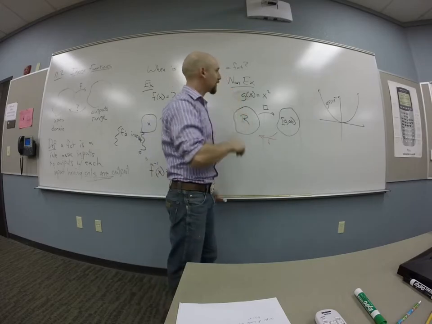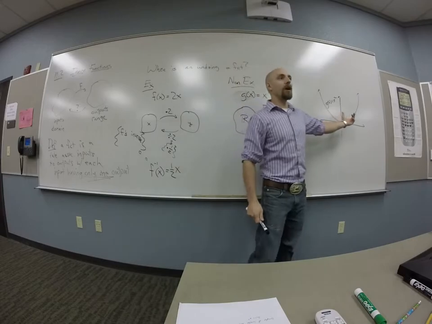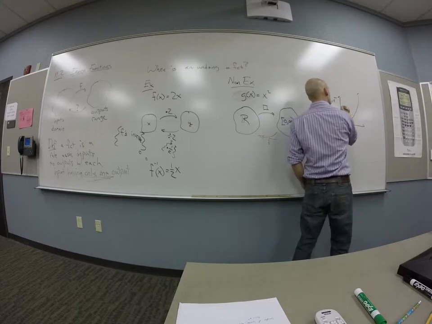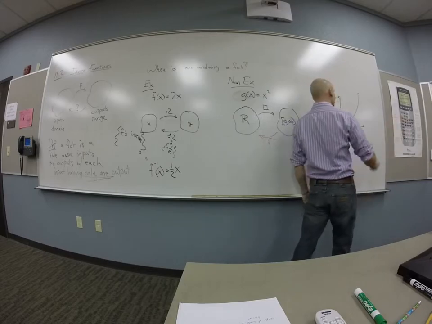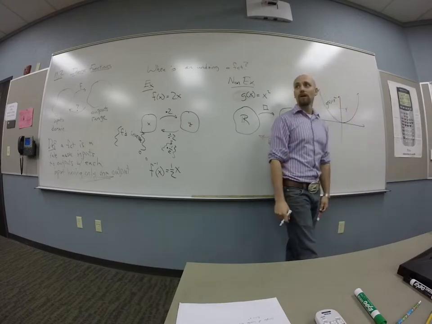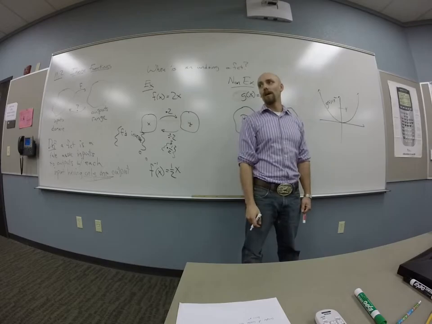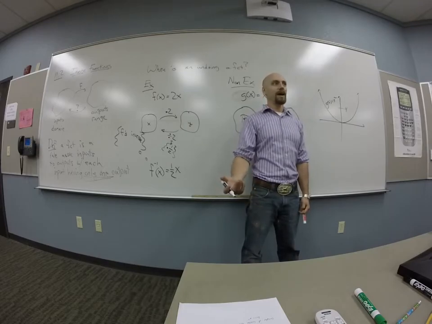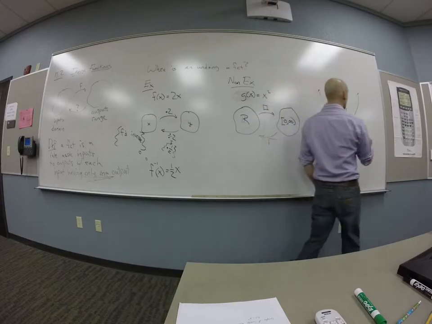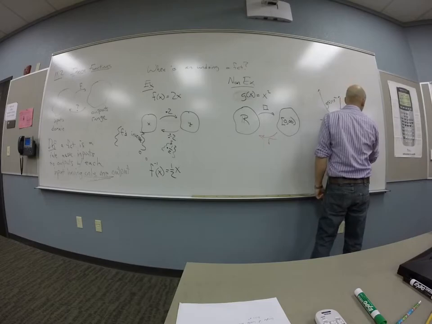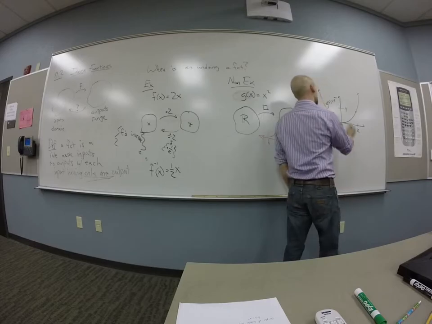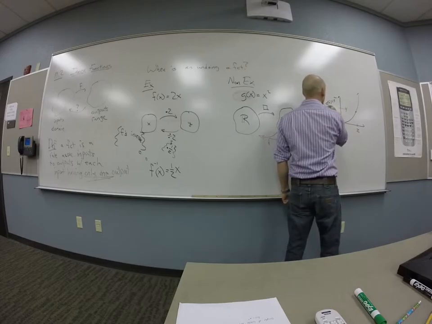Okay, so if I'm asking, here's a height, for example 4. What goes to 4? What are the x's that go to 4? 2 and negative 2. Right? So here's an x that goes to 4. Here's another x that goes to 4.